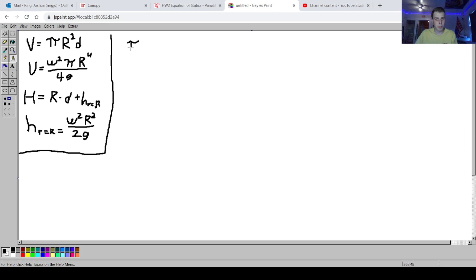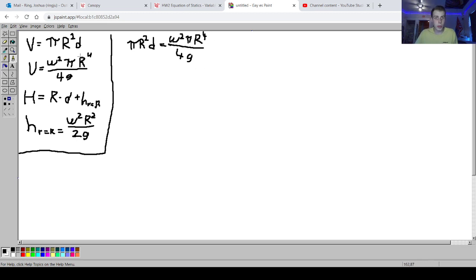So we'll have pi r squared times our d dip value, because of the dip thing, equaling angular frequency squared, multiplied by pi r to the power of 4 all over 4g.